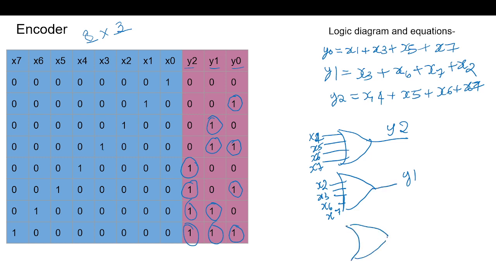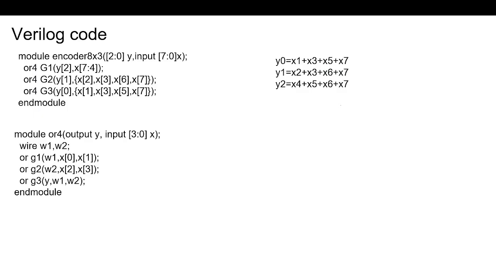And then to generate y0, we need x1, x3, x5 and then x7. So now the same thing we will implement in Verilog.